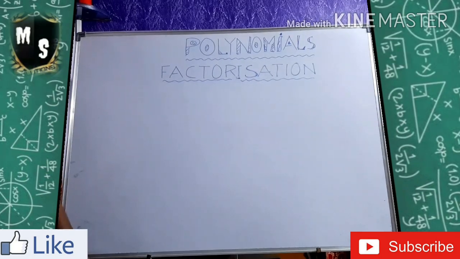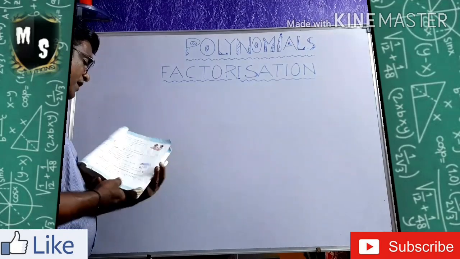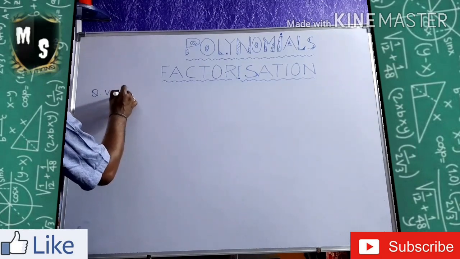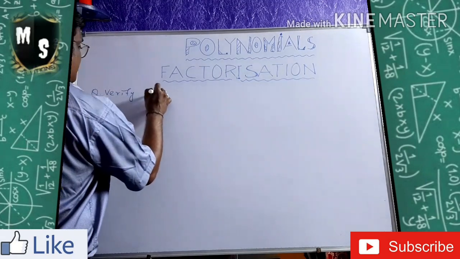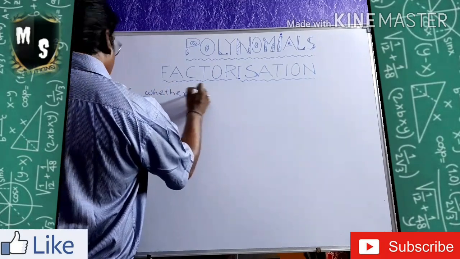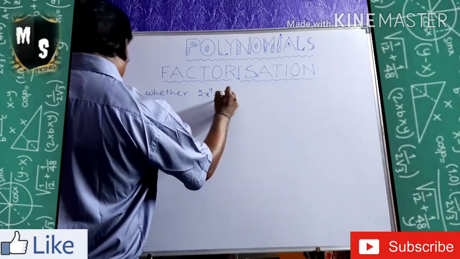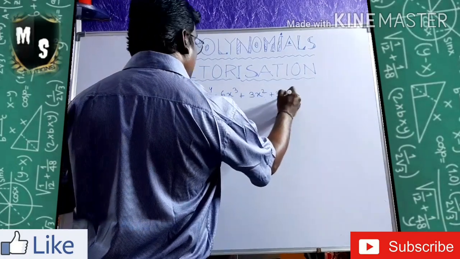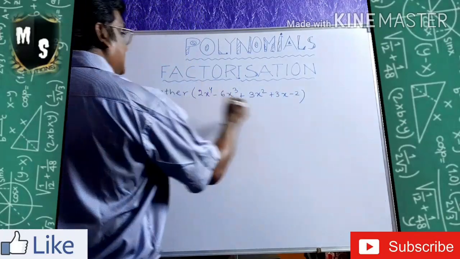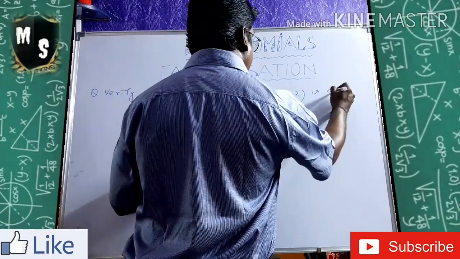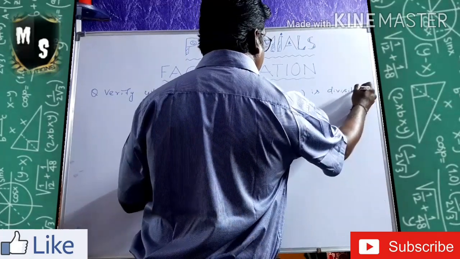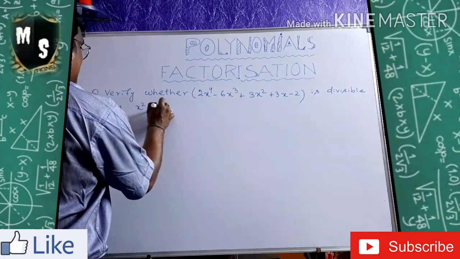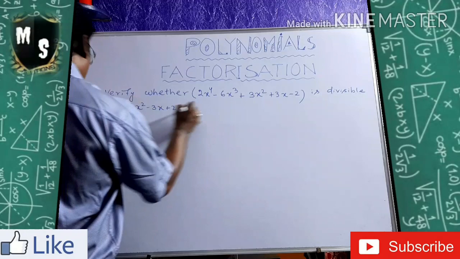It is giving you: verify whether 2x4 minus 6x cube plus 3x square plus 3x minus 2 is divisible by x square minus 3x plus 2 or not.